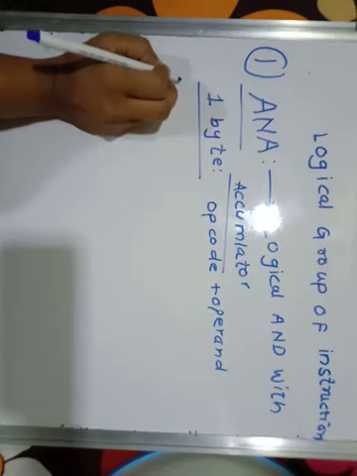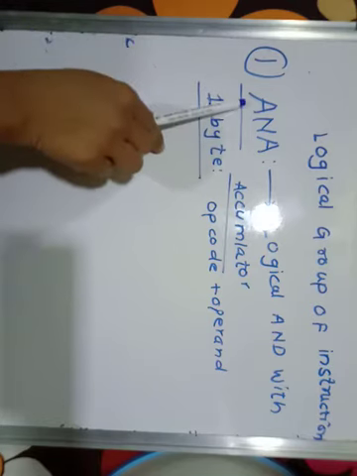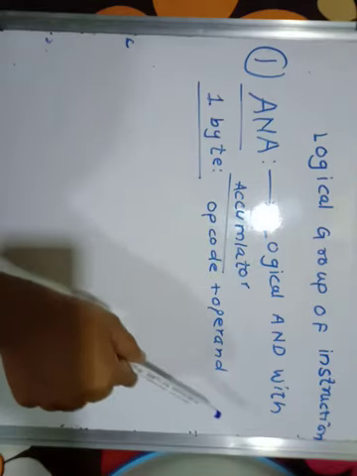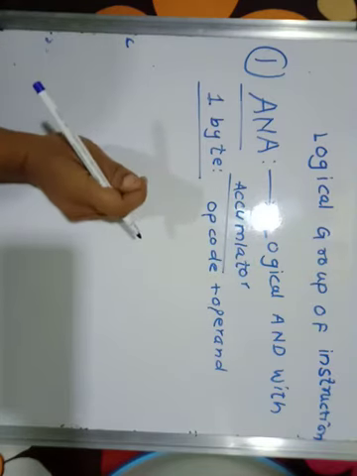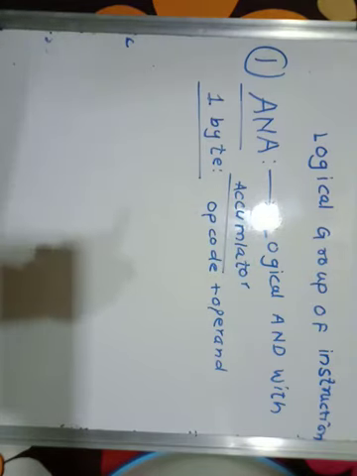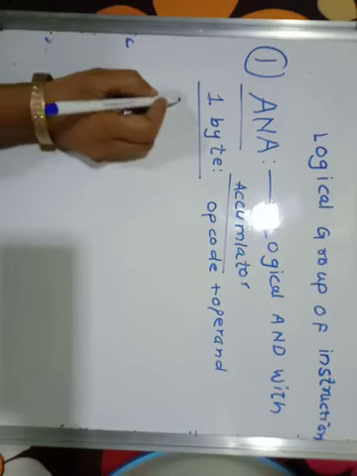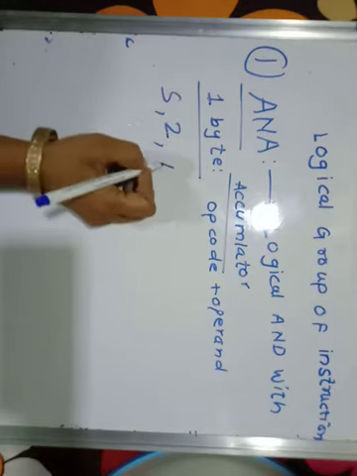After the execution of this instruction, the content of accumulator is logically ANDed with the content of a register or the memory location. So this is the use of the instruction ANA.